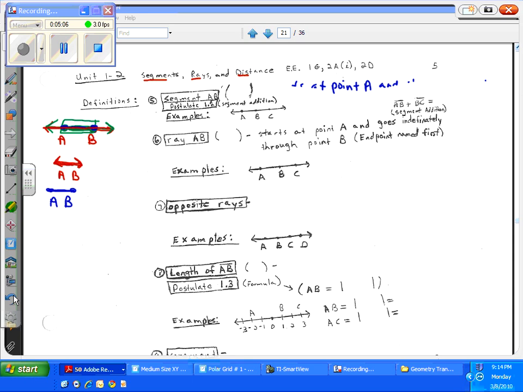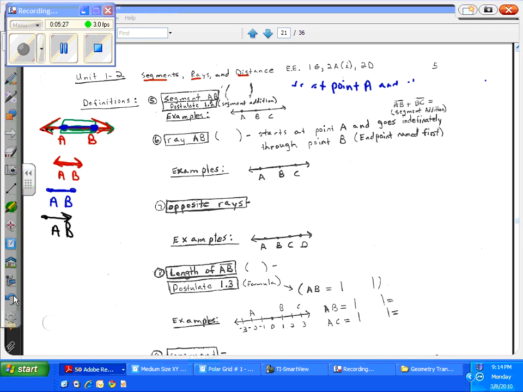Now, remember we said the line went indefinitely through point A and point B. The segment started at point A and stopped at point B. If we think about ray AB, then it starts at one point and goes infinitely through another.